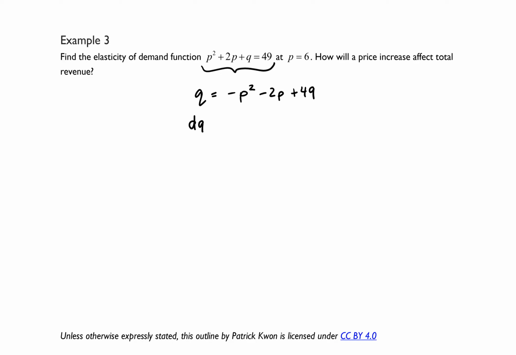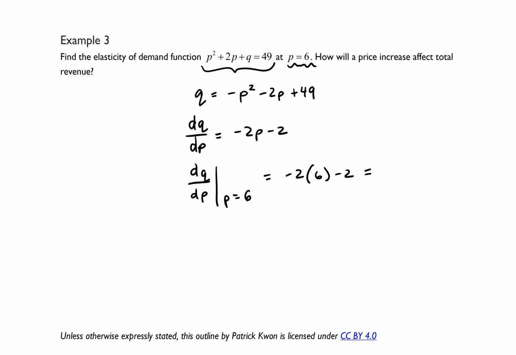And then if we took the derivative of that, we would get negative 2p minus 2. Okay, and we want to evaluate that for when p equals 6. So that's going to be negative 2 times 6 minus 2, which is equal to negative 12 minus 2, which is equal to negative 14.